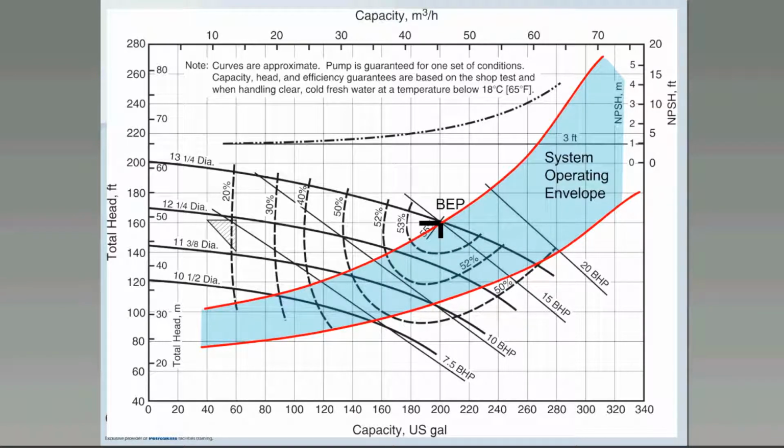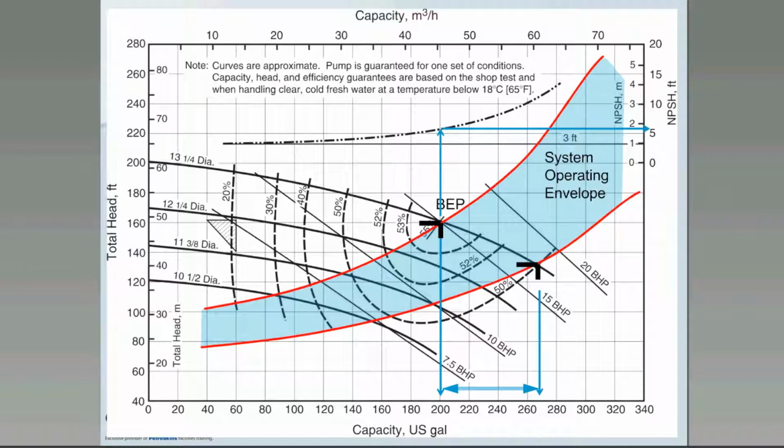If we now place our operating envelope, where we could see that may occur from different operating conditions that may change our system curve, now we would actually have a range, or one impeller would have a range of operating flow rates that we would be operating between. The other interesting factor here is that you can see that the pump horsepower is increasing to the right. So as we move from our initial operating point to our second operating point, we can see the pump horsepower is increasing from 15 to about 17 or 18 horsepower.